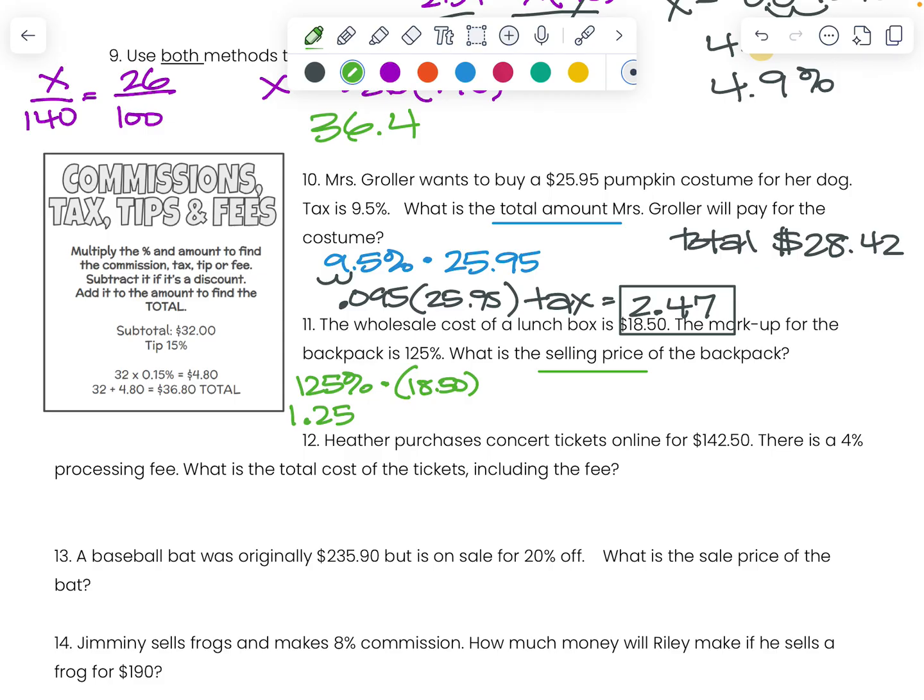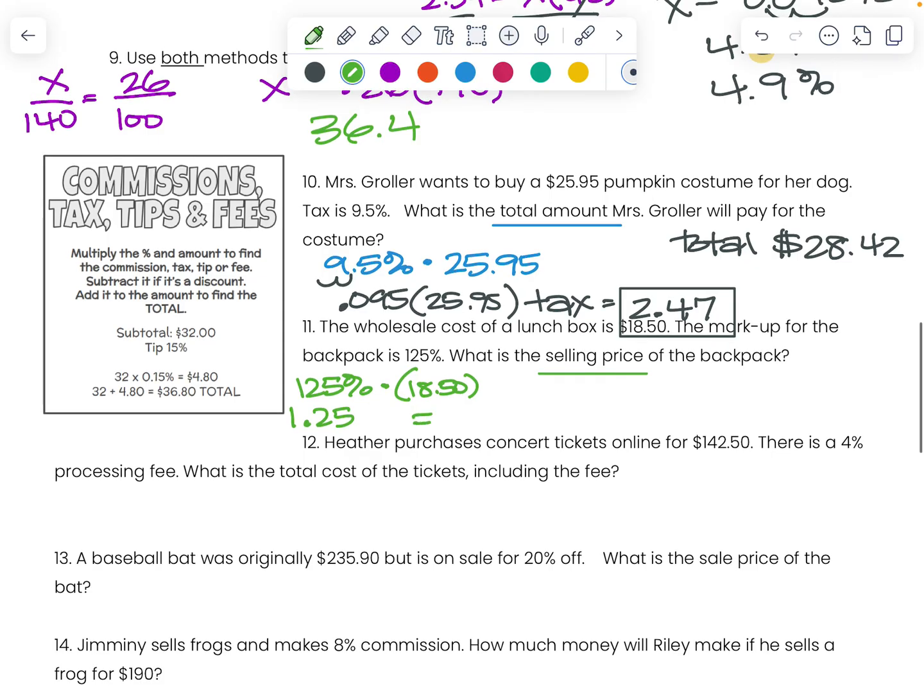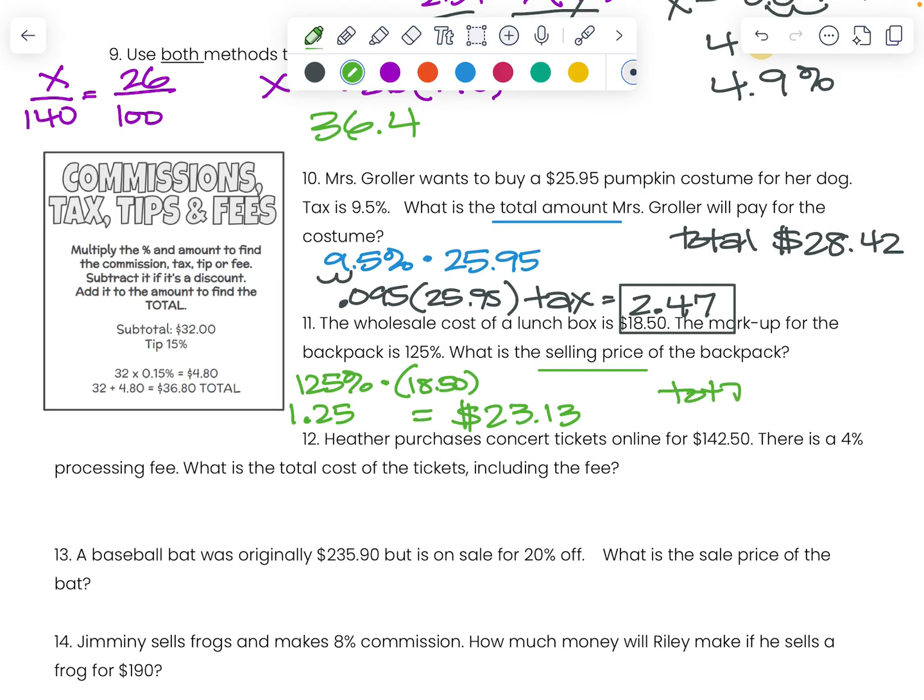We should get $23.13 after rounding. That's my markup. And then we're going to add that to the original cost of $18.50. And I got a total selling price of $41.63. There we go.